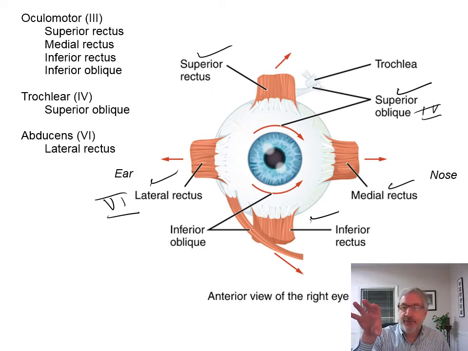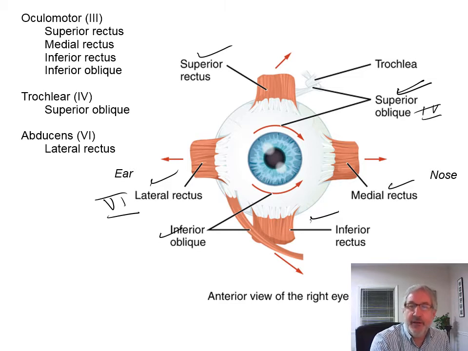So lateral rectus and medial rectus turn the eye that way. Superior and inferior rectus turn the eye up and down. Then you have 2 muscles that are oblique, so catty corner to these other muscles, and we have the superior oblique up here and the inferior oblique down here.